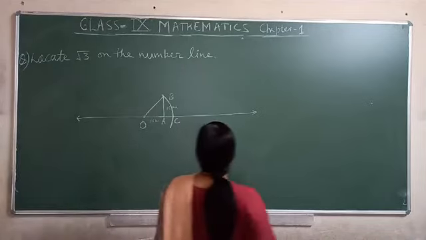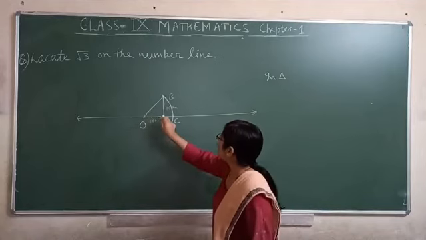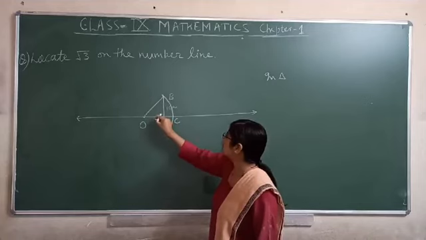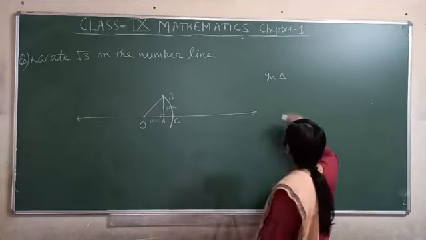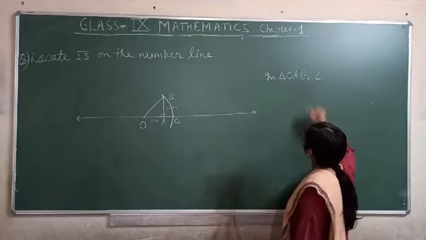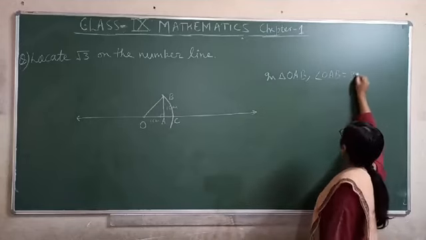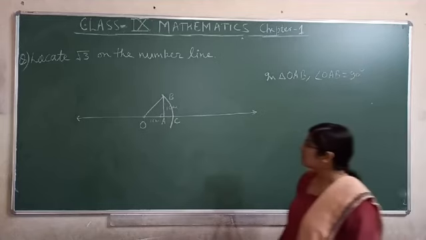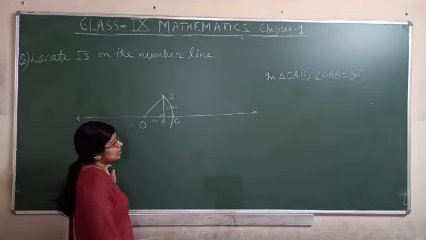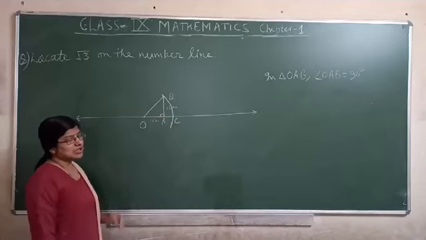So how will we write? In triangle OAB, OA and AB are perpendicular to each other, so this angle is 90. In triangle OAB, angle OAB equals 90. This is a right angle triangle, right angle at A. So you can apply Pythagoras theorem here.